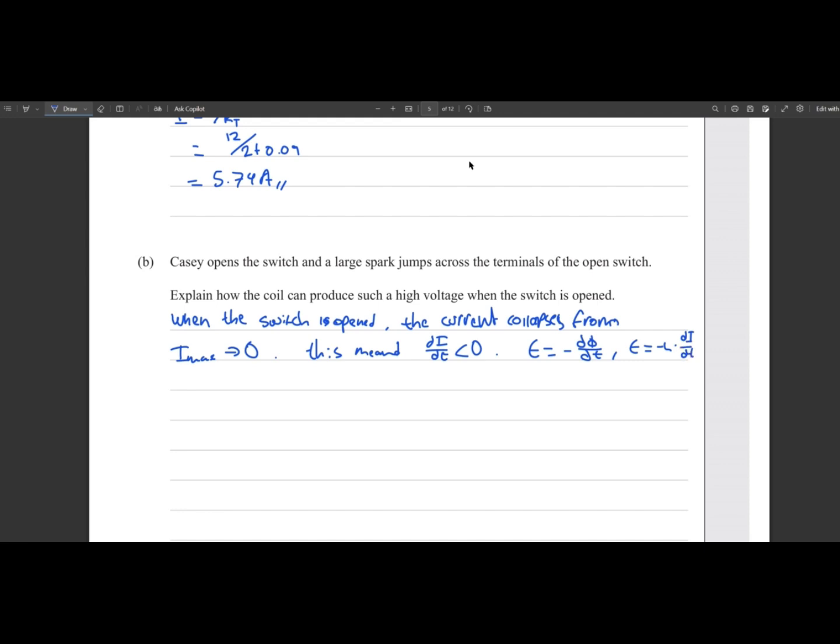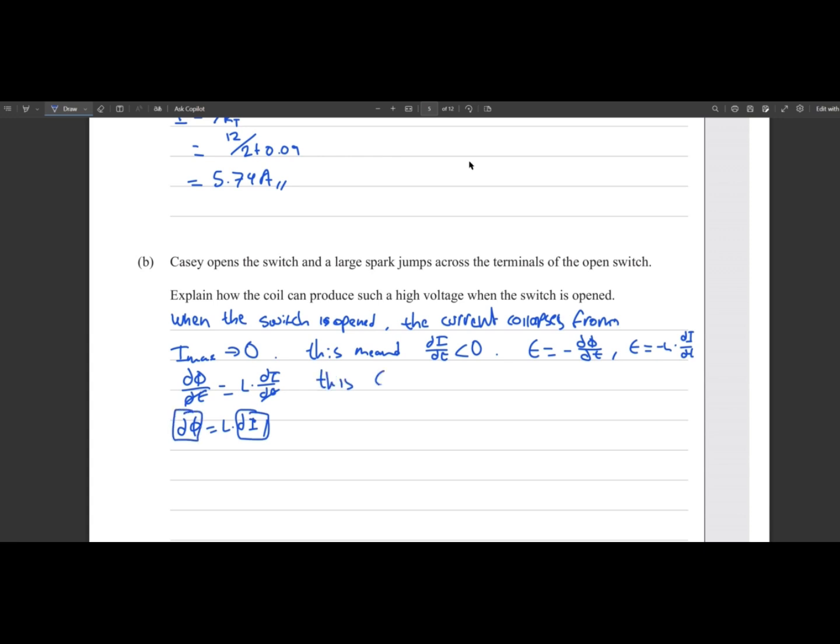And if we set these two equal, then we get d phi by dt is equal to L times di by dt. And so we can just cancel these out. So we just get d phi is equal to L di.